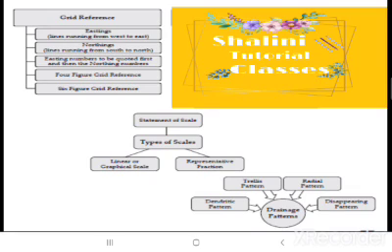Then we have discussed how to find out the direction of the river, and how to find out on which bank of the river a particular landform is situated, how to identify and differentiate between the banks. And then we discussed the different types of drainage patterns. There are 4 types: dendritic, trellis, radial, and disappearing.